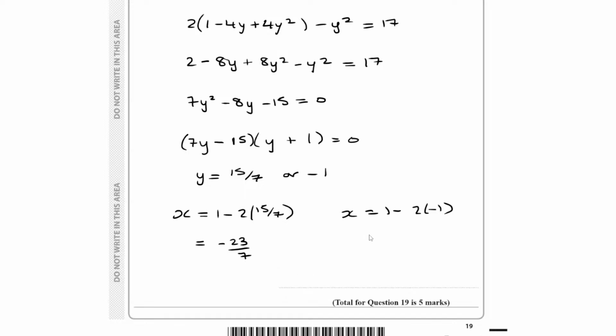Obviously, that's naturally probably going to be a fraction, isn't it? That one should just be 3, shouldn't it? Yeah. So you've got x is minus 23 over 7 and 3, and then y, just list them basically, is 15 over 7 and minus 1.